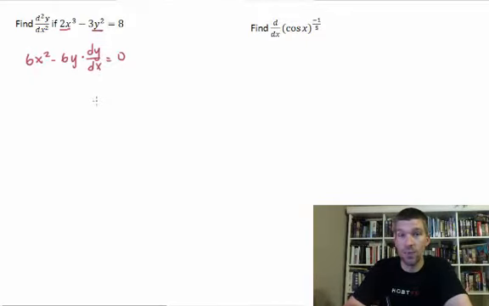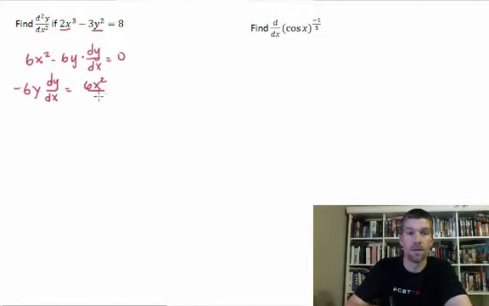Now we want to get dy dx all by itself, so I'm going to move 6x squared to the other side, so this gives me -6y dy dx equals 6x squared. And then I'm going to divide both sides by -6y.